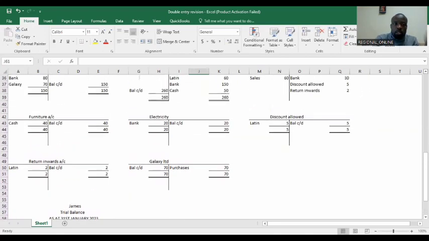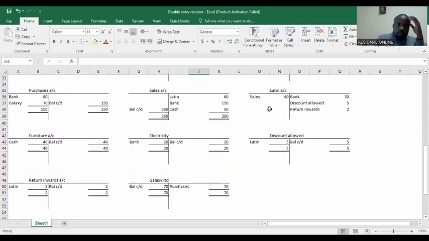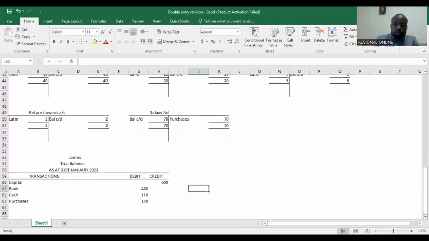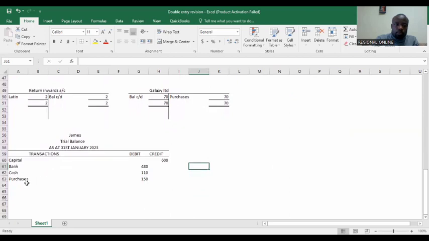The next one is sales, appearing on the debit here, so on my trial balance it should be on the credit. That is 260. So sales, 260.